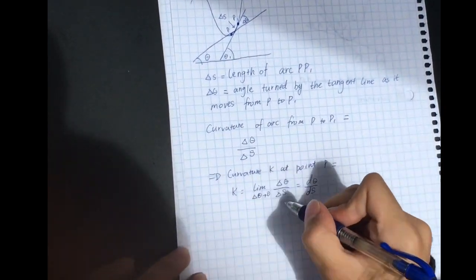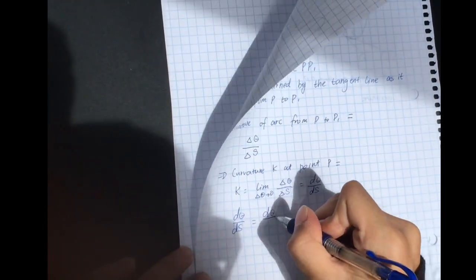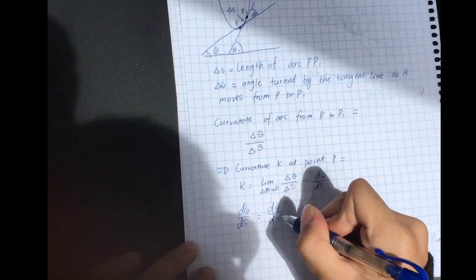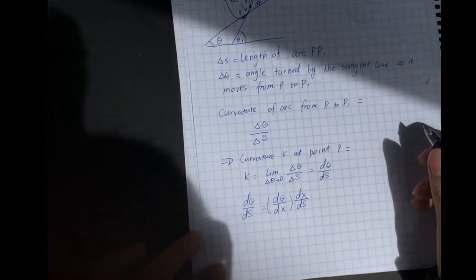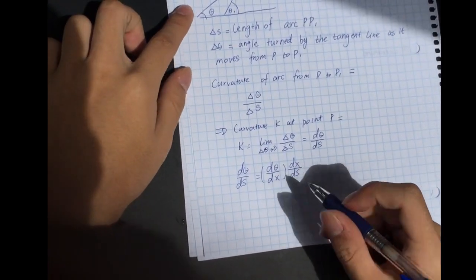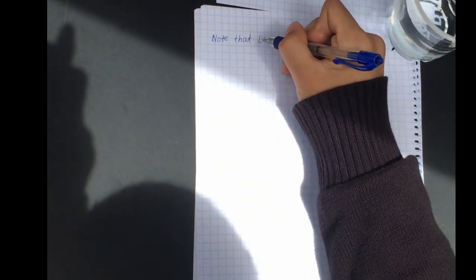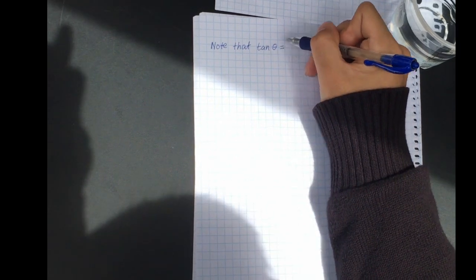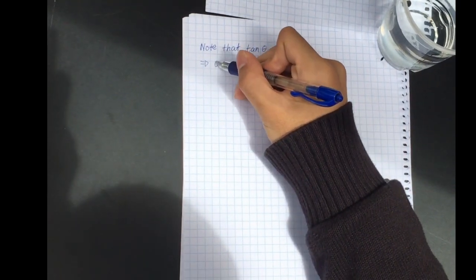theta over ds. So to find d theta over ds, we need the chain rule, which is equal to d theta over dx times dx over ds. We know that tangent theta is equal to dy over dx, so theta is equal to arctangent of dy over dx.